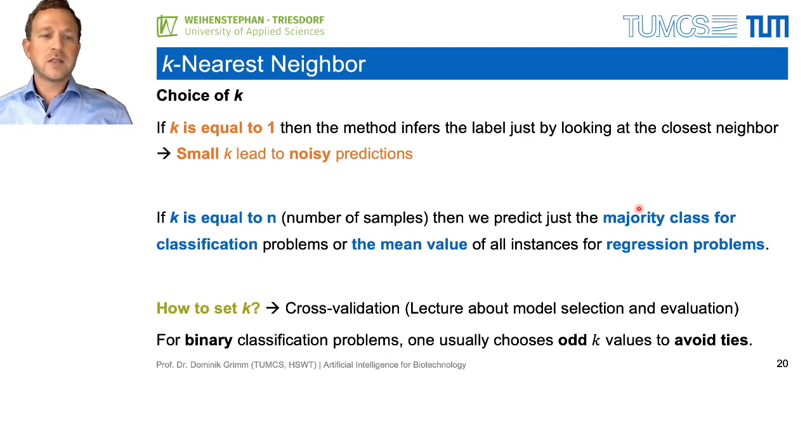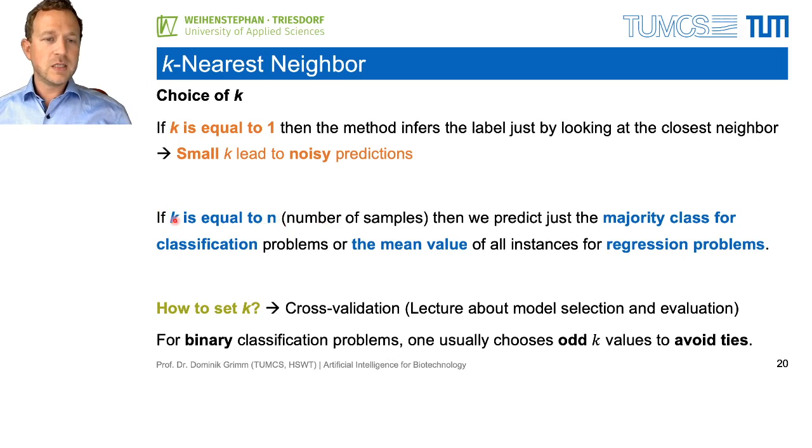If we go to the other extreme and say k is equal to n, the number of samples, we look at all the neighbors in my dataset. What we then would do is just predict the majority class in classification problems, or the mean value of all the instances for regression problems.